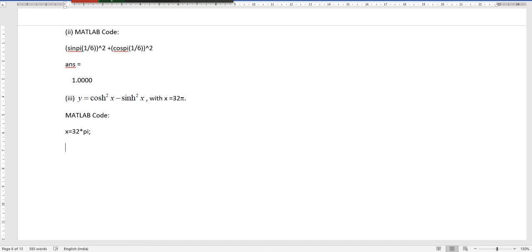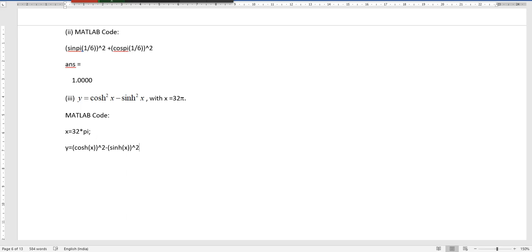First I will type this equation, then we will find y equals cosh of x, x is already assigned, whole square, using a bracket and power 2, minus, in a similar way, sinh, the hyperbolic function of x, caret 2.